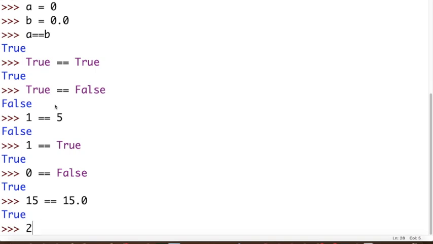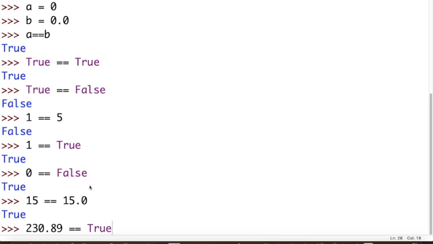Now let us compare 230.89 equal to true. Now here let me tell you that 230.89 is a float value, true is a Boolean value, and we are comparing them together. We have seen earlier that 1 being an integer or 1.0 being a float, when compared with true, gives you true, because internally Python takes 1 as true.